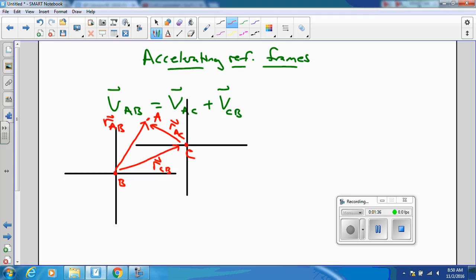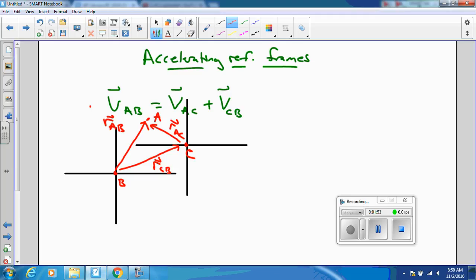the triangle right here, the vectors right here, form a triangle in which RCB and RAC are head to tail. And as a result of being head to tail, they automatically vector sum up to RAB. So this equation right here simply reflects this triangle.